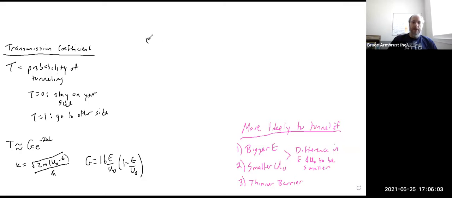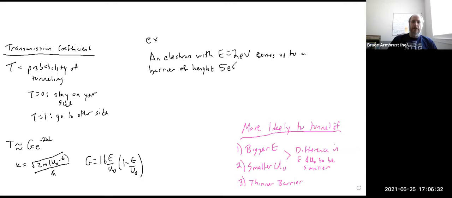So here's an example. Let's say that we've got an electron with E equals 2 electron volts. Comes up to a barrier of height 5 electron volts and a thickness, let's say, of 1 nanometer.